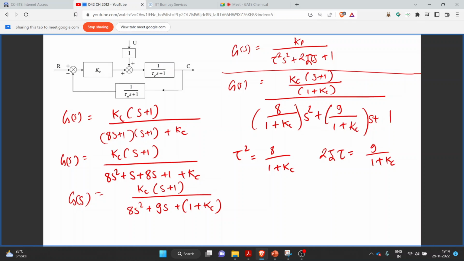Now the value of zeta we have been provided as 1, since this is a critically damped system. So from here we will be having tau is equal to 9 upon 2 into 1 plus Kc, and tau square we are having 8 upon 1 plus Kc. So let's just equate both of these.